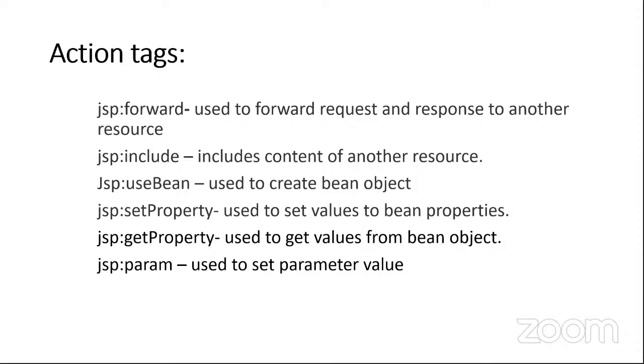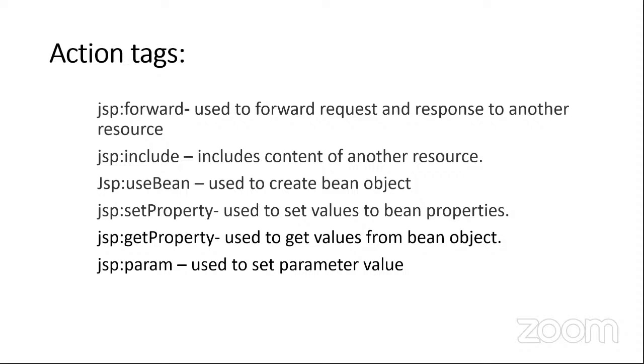And the useBean tag is one important tag in JSP. So why do we need this useBean element? If you want to instantiate a Java Bean class, then we can use the useBean element.